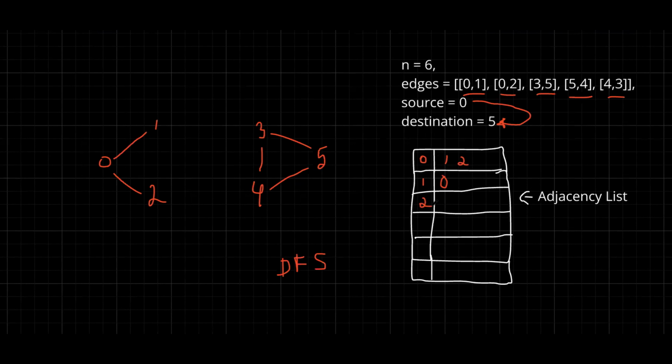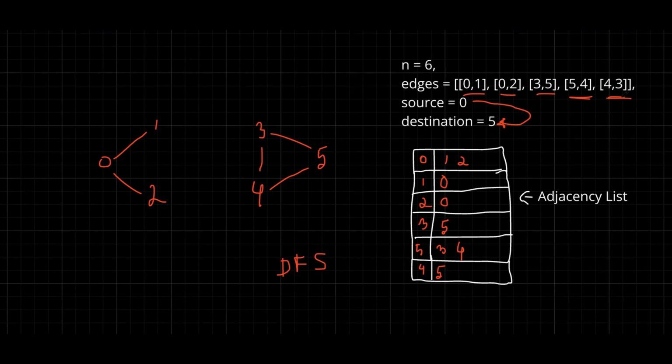Then there is 3 and 5. So we will insert 5 in the key of 3 and we will insert 3 in the key of 5. Then there is 4 and 5. We will insert 5 in the key of 4 and we will insert 4 in the key of 5.